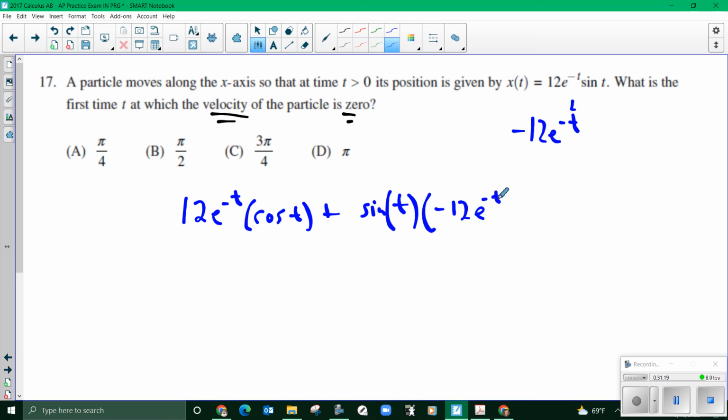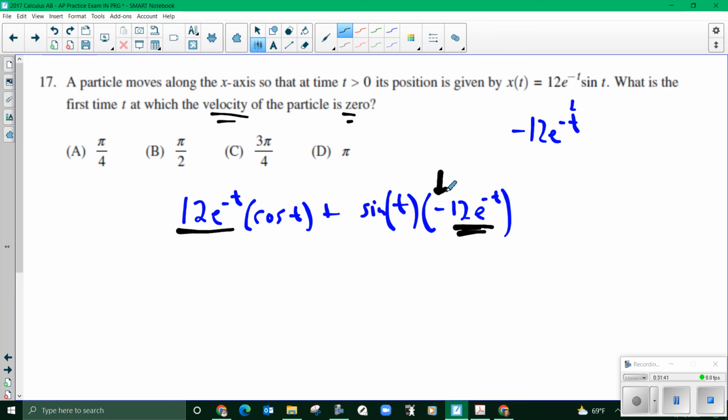All right, so this is what I want to do here. I am going to factor out a 12e to the negative t. I'm saying 12e to the negative t a lot. So I've got this I'm factoring out. The negative sign here is going to stay behind.